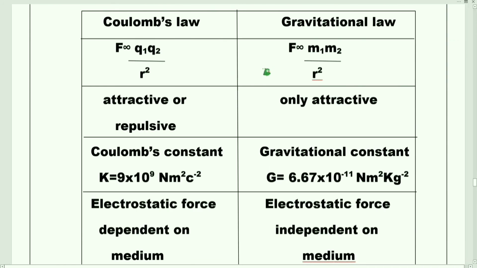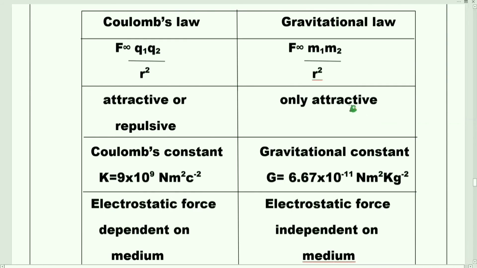Similarly, for gravitational law, F is proportional to M1 M2 by R square. This is a very familiar expression. And two, in Coulomb's law, the force can be either attractive or repulsive. It depends on the nature of the charges. But in gravitational law, there is always attraction between them.